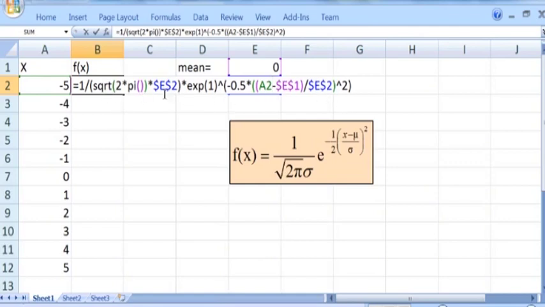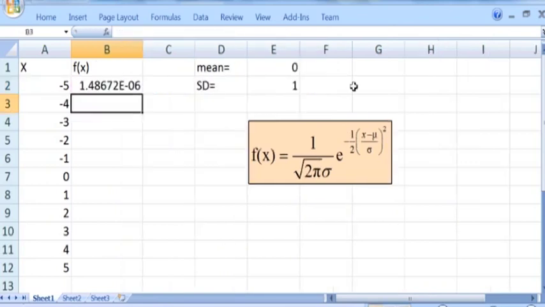And remember that since we have used the dollar signs, the mean and standard deviation will be fixed every time these expressions are being calculated. So this is how to write this density function formula in MS Excel spreadsheet program.